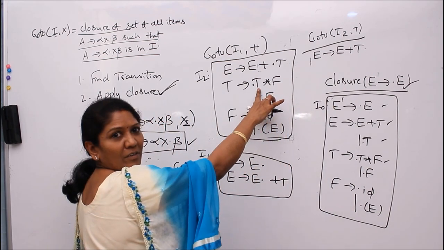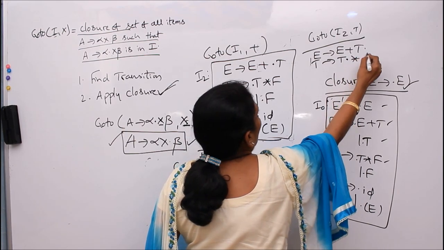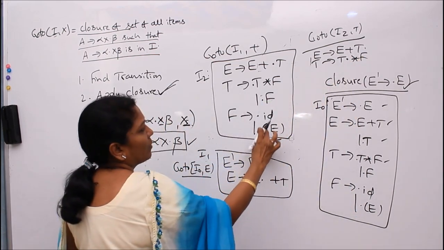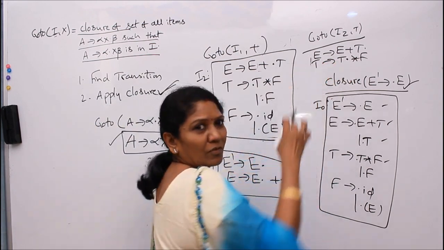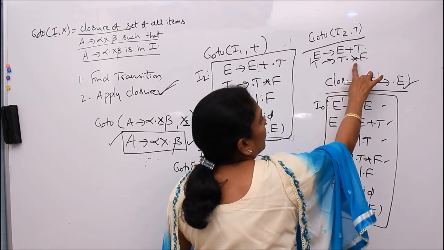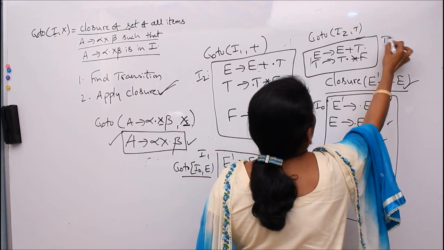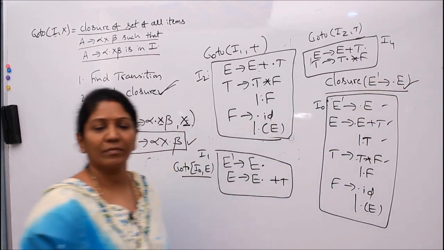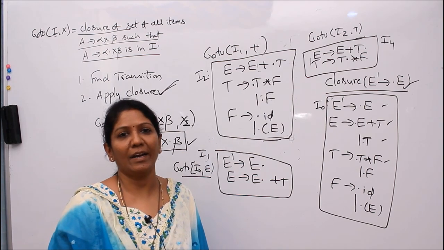Here also there is a matching: T to T dot star F. No matching, no matching, no matching. Now, this is the result of the transition. If you apply closure, what you have here is a final item, and what you have here is a terminal, hence it ends here. Let this be your I4. Got it? This is how we find closure and the goto function.